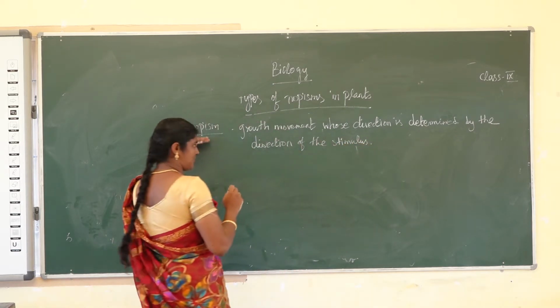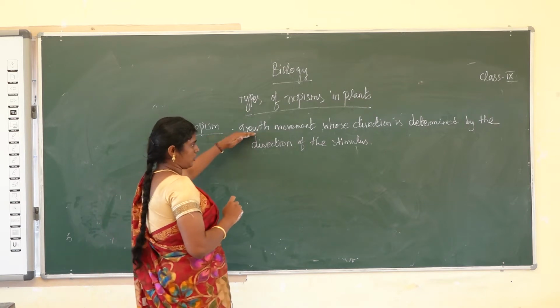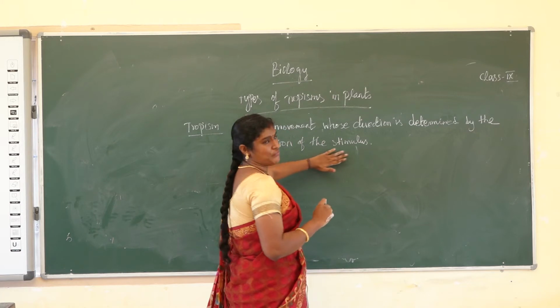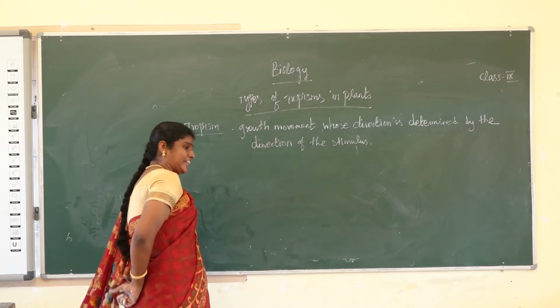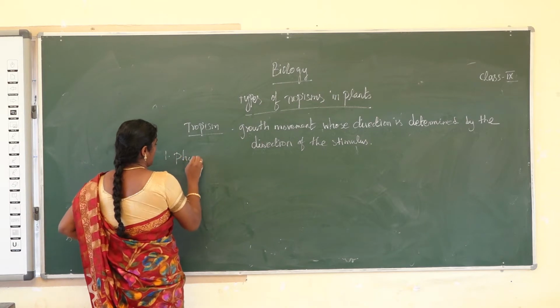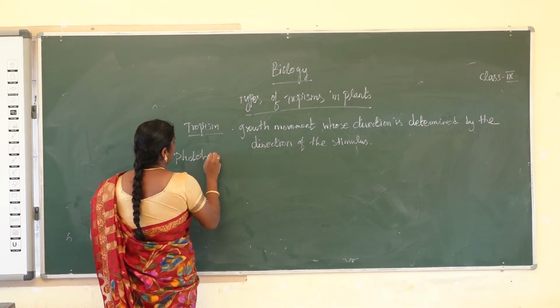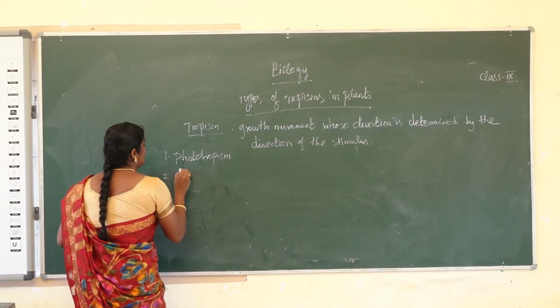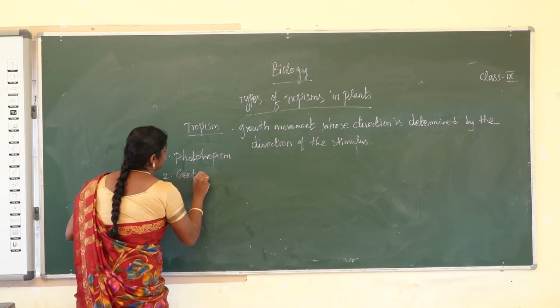What is tropism? Tropism is one of the growth movements whose direction is determined by the direction of the stimulus. There are five types of tropism. First one, phototropism. Second one, geotropism.